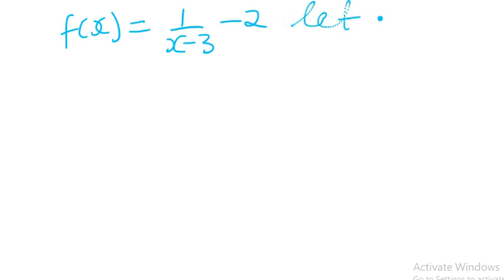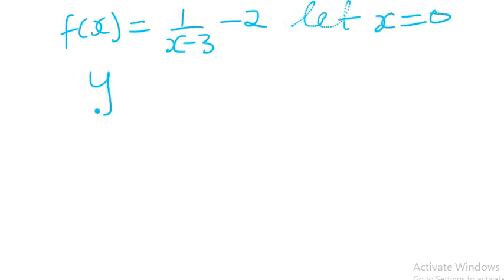We are using the very same function, f of x is equal to 1 over x minus 3 minus 2. In order for us to get the y-intercept, we let x equal to 0.